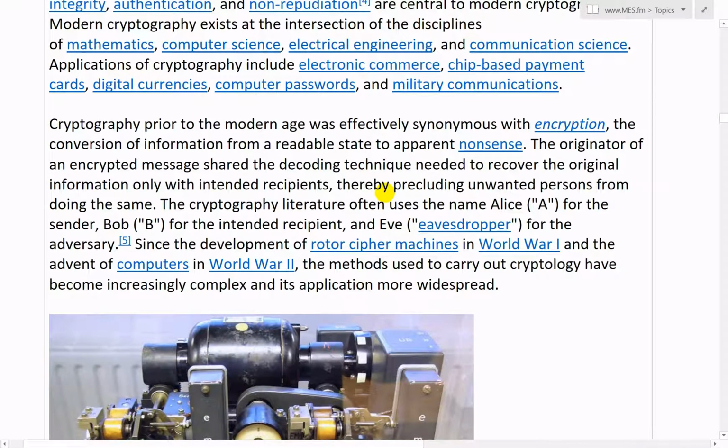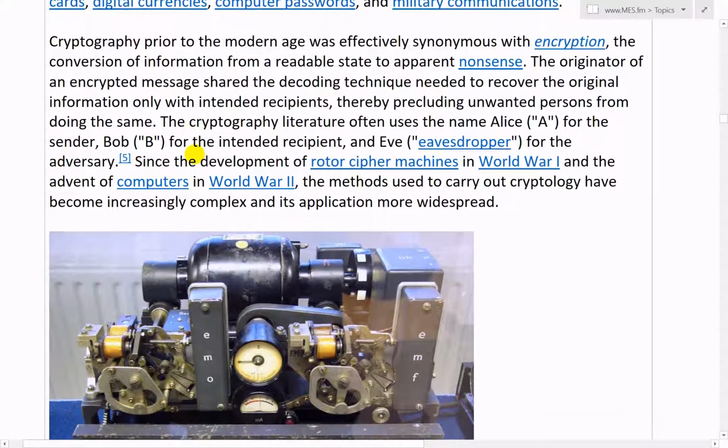Cryptography prior to the modern age was effectively synonymous with encryption, the conversion of information from a readable state to apparent nonsense. The originator of an encrypted message shared the decoding technique needed to recover the original information only with intended recipients, thereby precluding unwanted persons from doing the same.